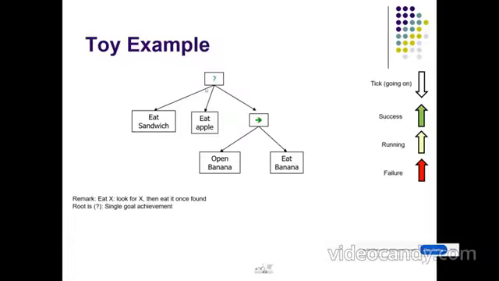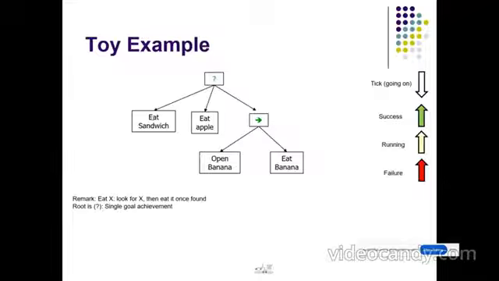So if this is called in the update, it will start the behavior tree, question mark, which means it will start to the left, to the first option, which is eat a sandwich. So eat a sandwich indicates look for a sandwich. If you find a sandwich, eat it. Now you'll see here, if you are successful in eating a sandwich, you are done. There's no need to come here or here.